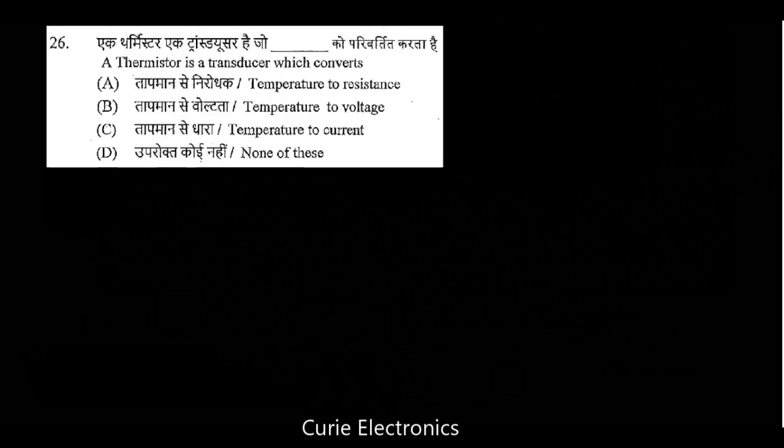Question number 26. A thermistor is a transducer which converts temperature to resistance. All of you know that. When temperature increases, the resistance decreases, because most thermistors are based on NTC, negative temperature coefficient.